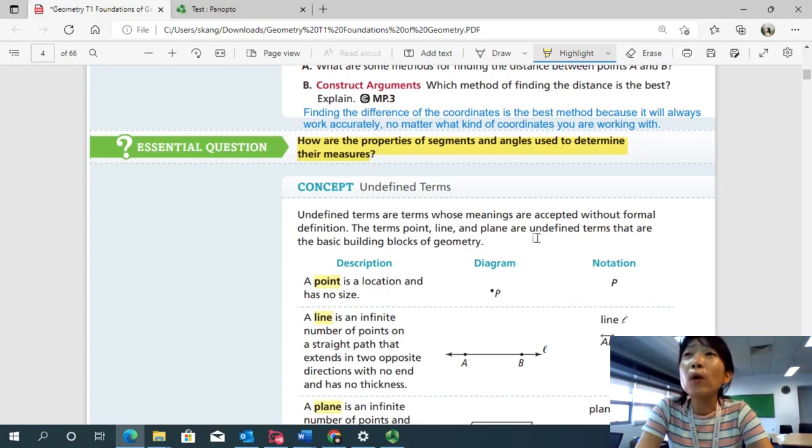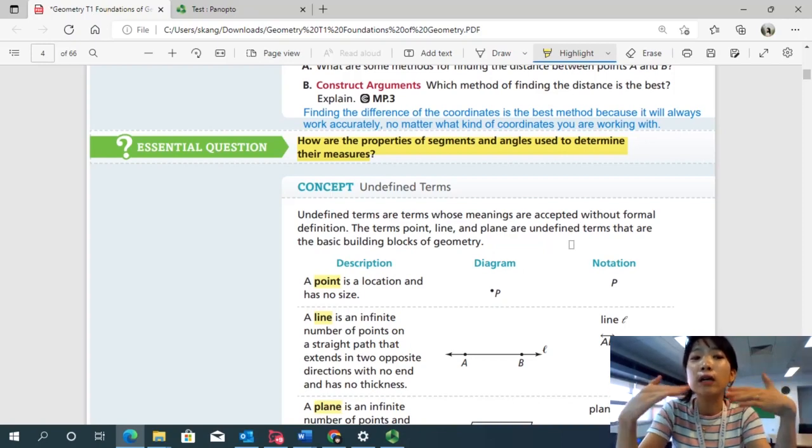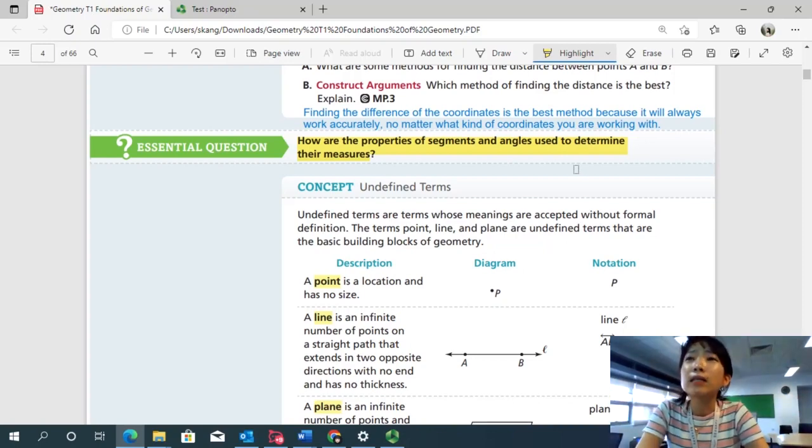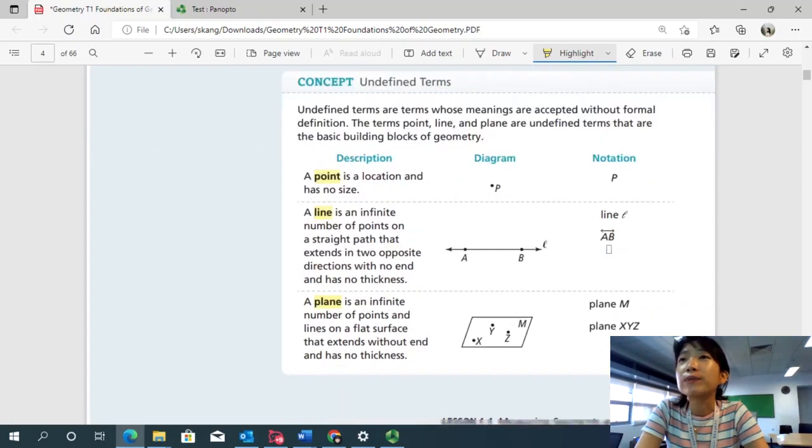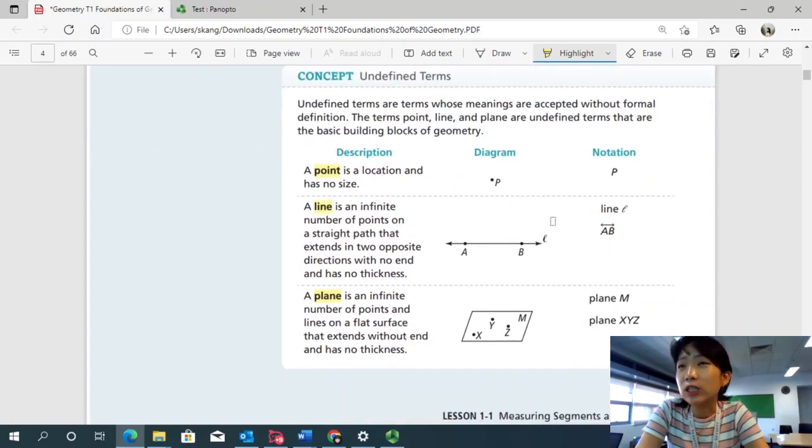So point, line, and plane are undefined terms that are the basic building blocks of geometry. It's very important. We're going to start building the concept of geometry and the rules starting from point, line, and plane. So let's see what they are. A point is a location that has no size.